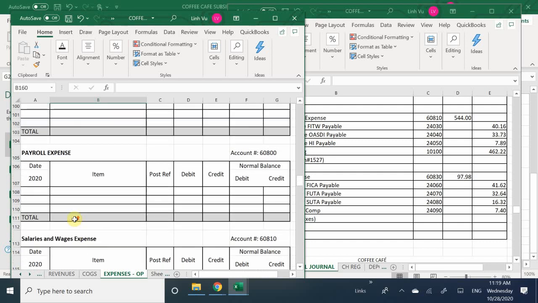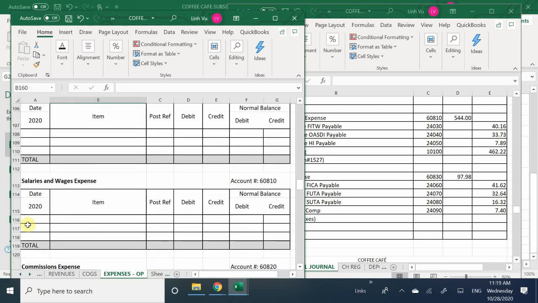Payroll expense. Salaries and wages expense. Okay. $544.